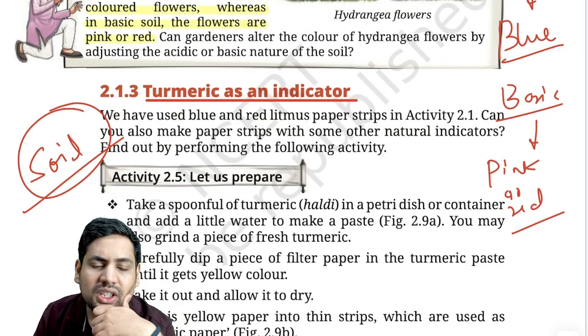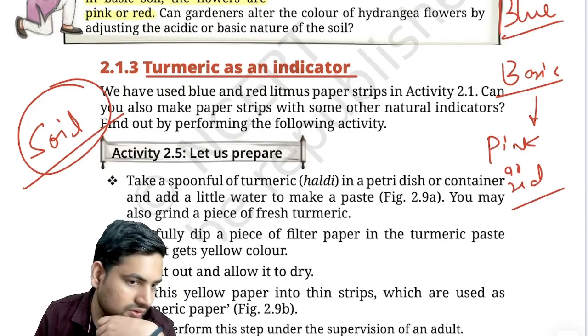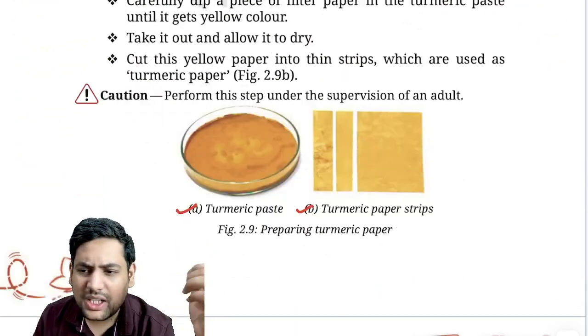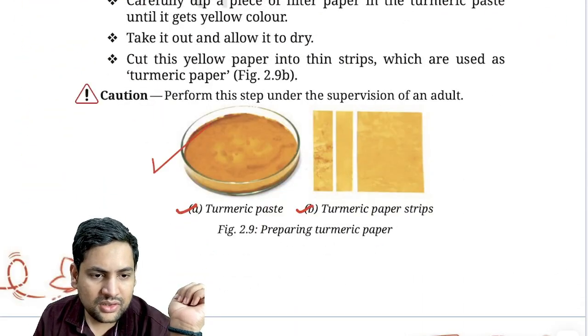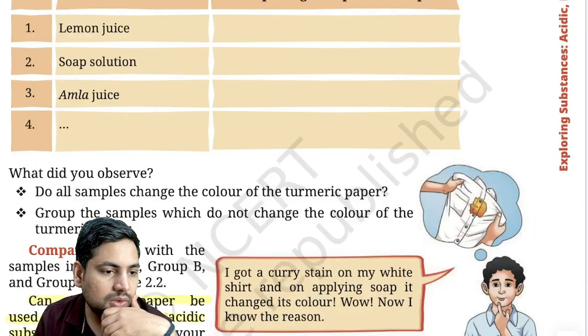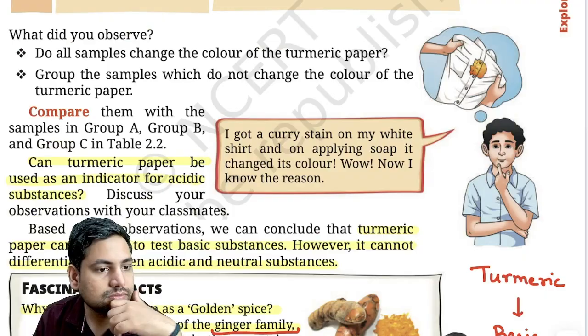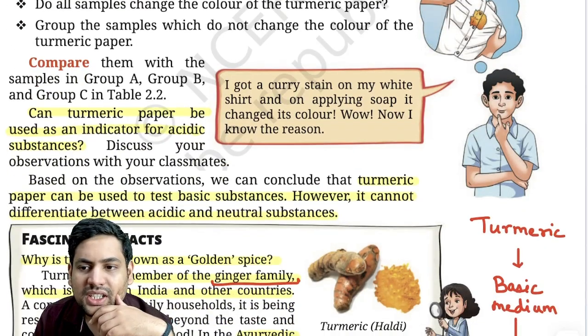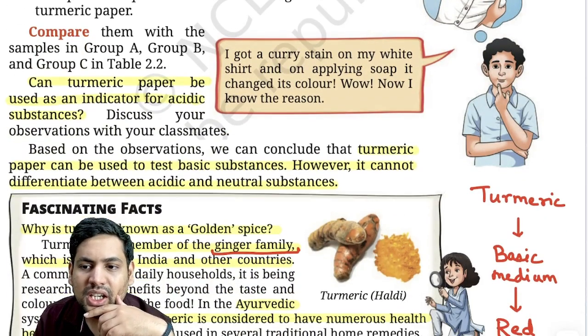Next it talks about turmeric as an indicator. Turmeric, you can use it as a paste also and as paper strips also, does not matter. Now it is asking, can turmeric paper be used as an indicator for acidic substances? This you need to understand.